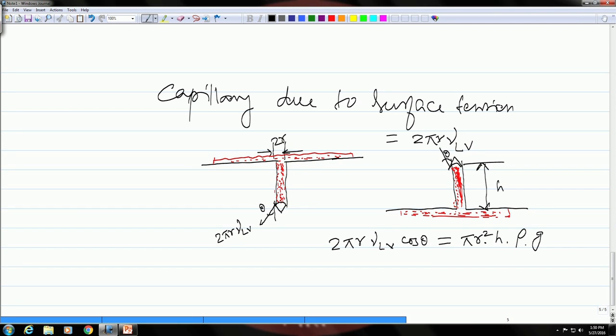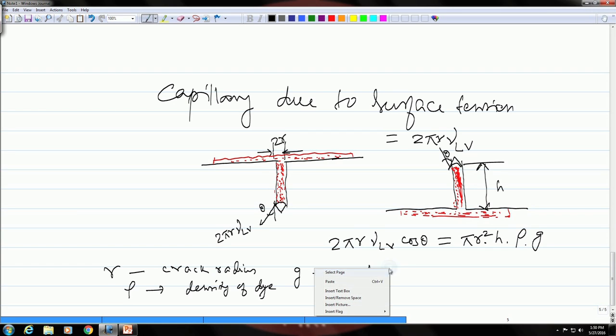So, r is the crack size, rho is the density of the dye or density of the liquid, g is acceleration due to gravity, and h is the depth of penetration.